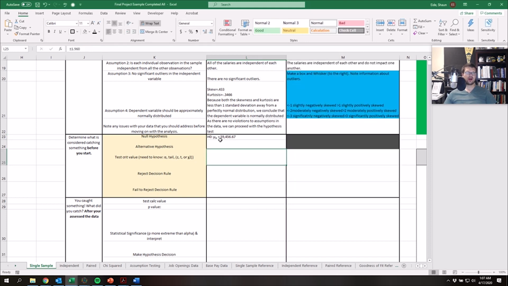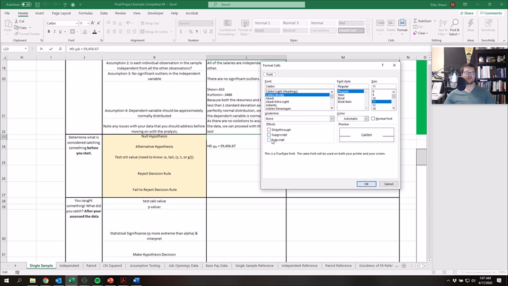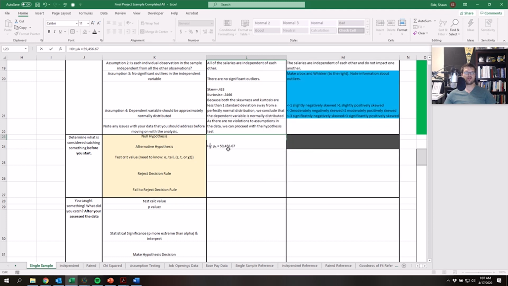Mu sub a equals 59,456.67. What is that number, that 59,456? That is the average salary for the nation. That's the national average salary. And so the null hypothesis says there is no difference between the average national salary and the average salary of Atlanta.